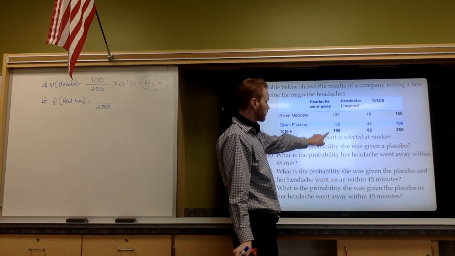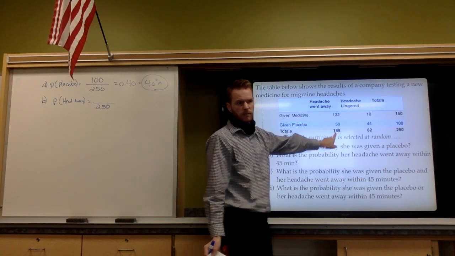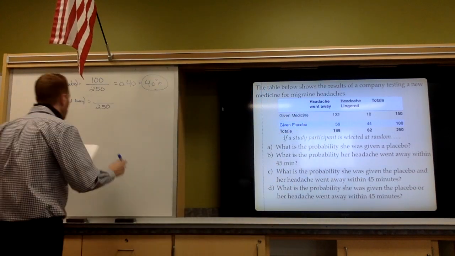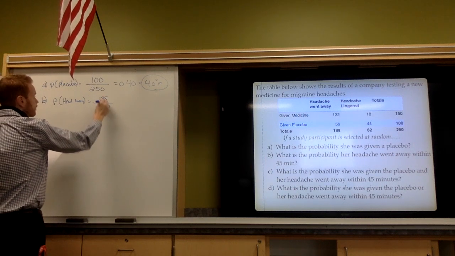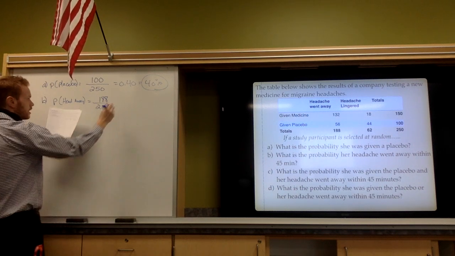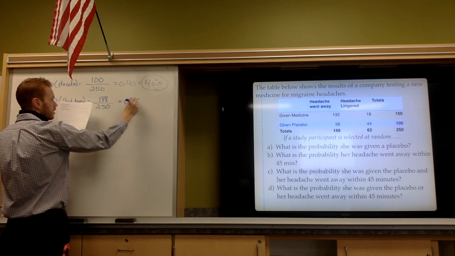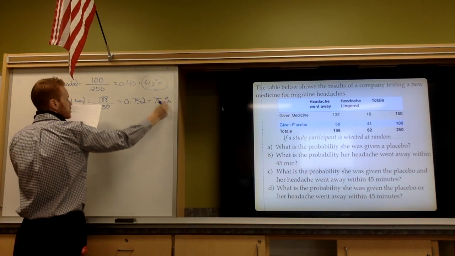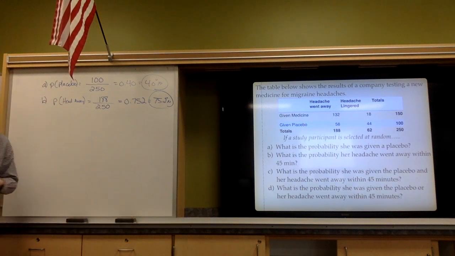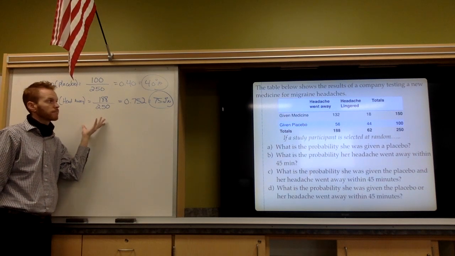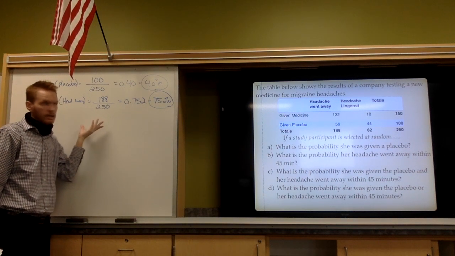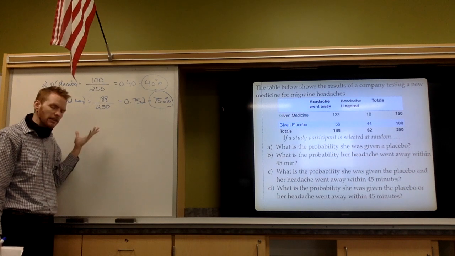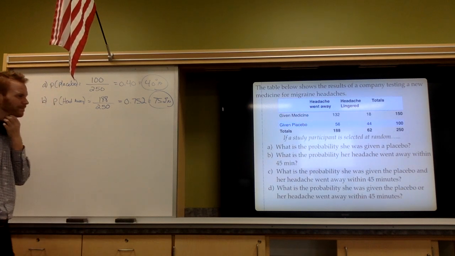Go all the way at the bottom. There were 188 of them. Okay? So that's what we're going to do. We're going to put 188 on top. Okay? Divide these two, and we get 75.2% chance that their headache went away. Okay? That's a good thing, right? If you're doing drug trials and your drug is producing a 75.2% chance of it working, you're onto something. It's not great yet, but you're onto something.